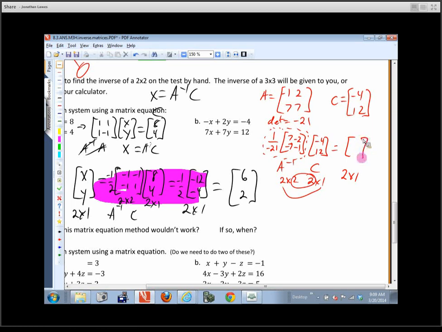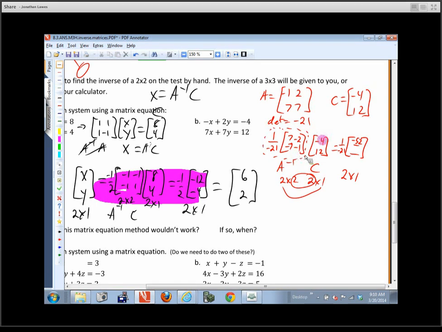So like I showed before, I'm going to leave the 1 over negative 21 outside, and then we're going to figure out what these 2 entries have to be. So this is going to be negative 28 minus 24. So that's going to be negative 52. Is that right?